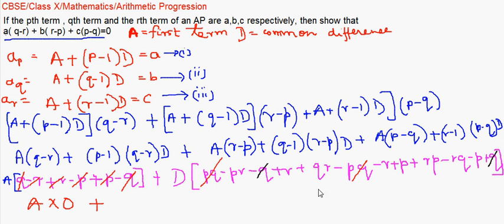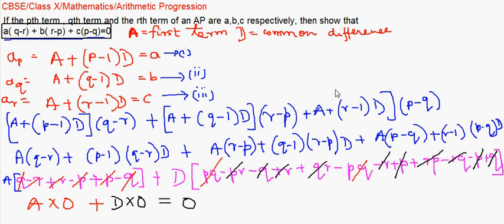Let me check it carefully. Yes, even this is getting cancelled. It is minus plus RP. I'm getting a 0, so it gives me D multiplied to 0 as well. So the right side is getting 0. That is what we were supposed to prove. Our left hand side has got us a 0, so we have successfully proved it. Thank you.